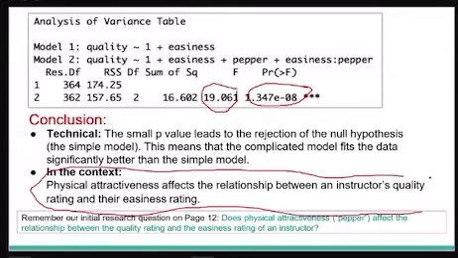What I'm trying to say is that physical attractiveness, which is categorical, the way the professor looks, affects the relationship between instructor quality rating and their easiness rating. Done. Period. That is the end of the research. Did you see the connection between the statistical conclusion and the conclusion according to the context?